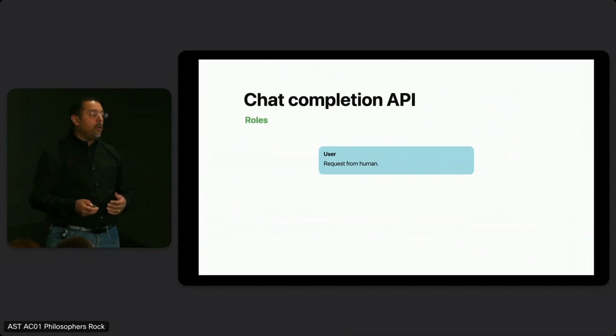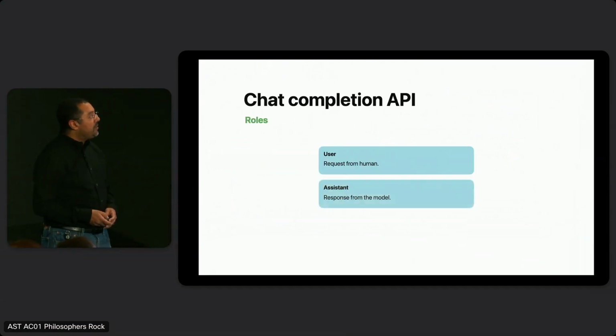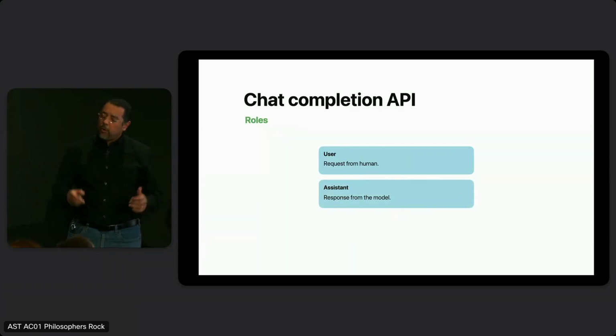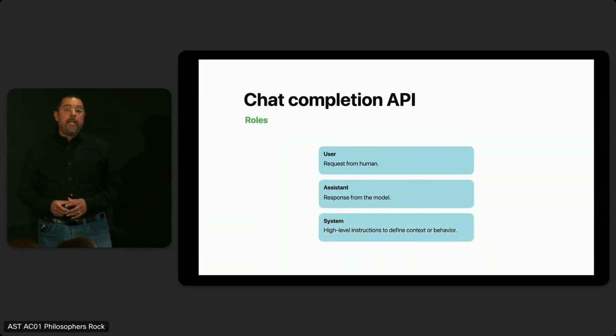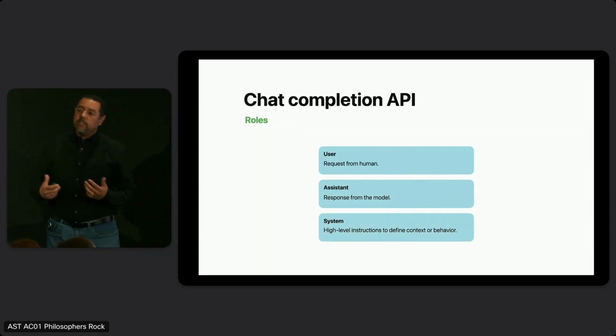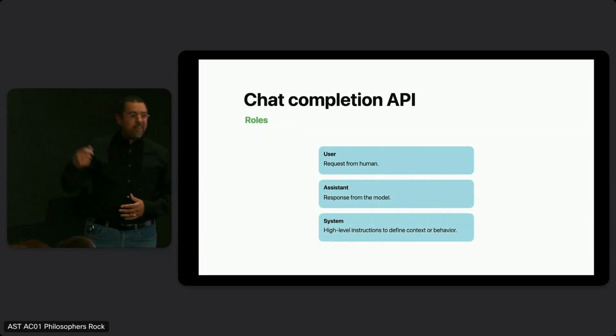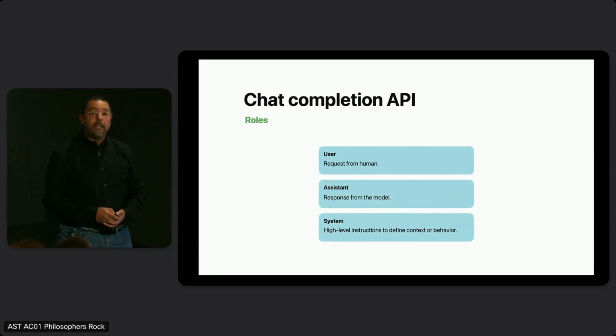That's where your queries go in those requests. The assistant represents the AI. There are others, but there's a third role that's very common nowadays, which is called the system. The system usually is the first one. It's optional, but it helps set the behavior that you want the AI to have throughout the conversation. And I'll use that, and we'll see a few examples of that here as well.